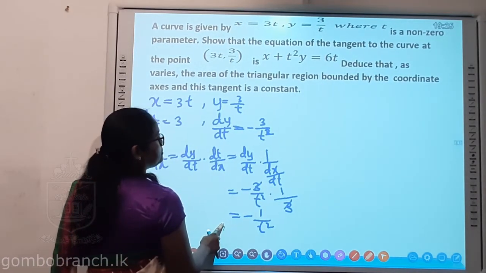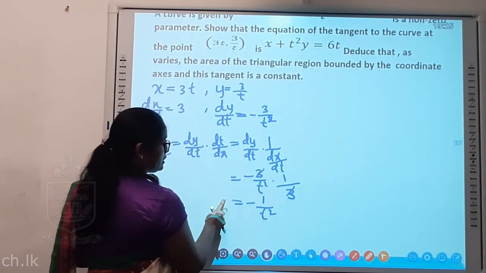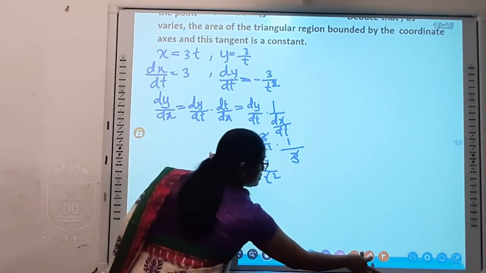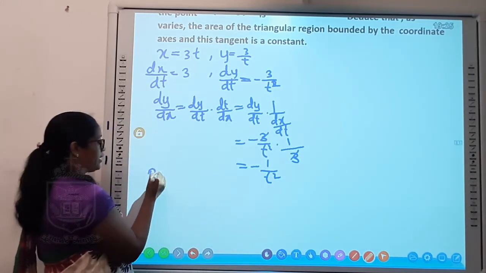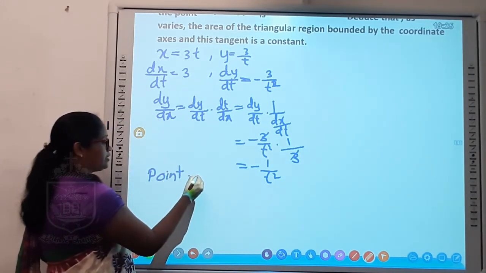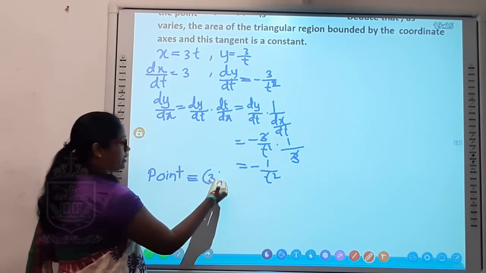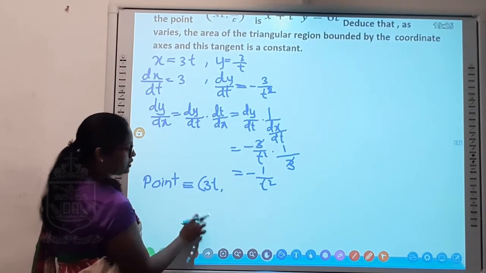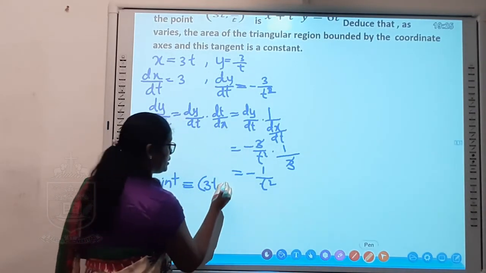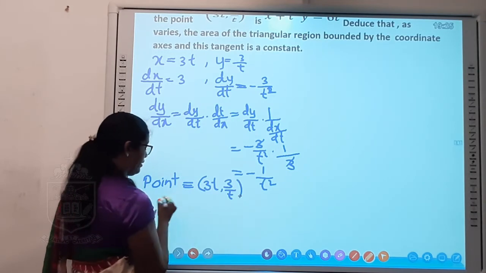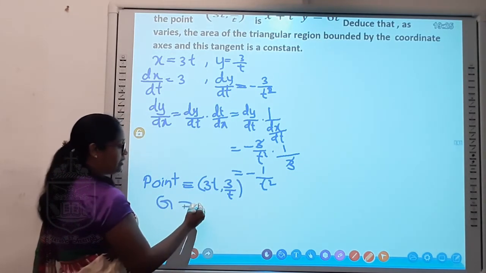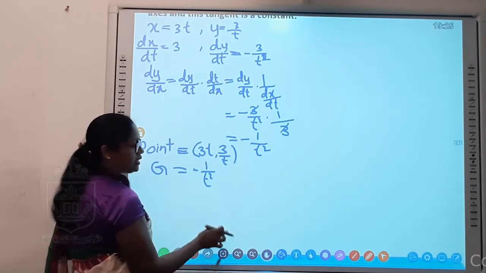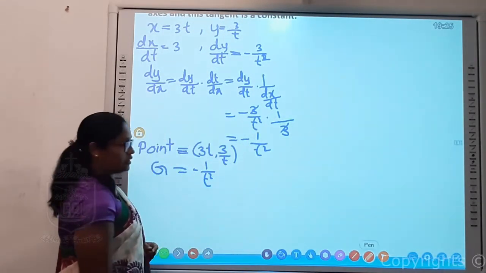So we can write the point: I'm taking (3t, 3 over t). The gradient I just call g, gradient is minus 1 over t squared. Using these two I'm going to write the equation of the tangent.